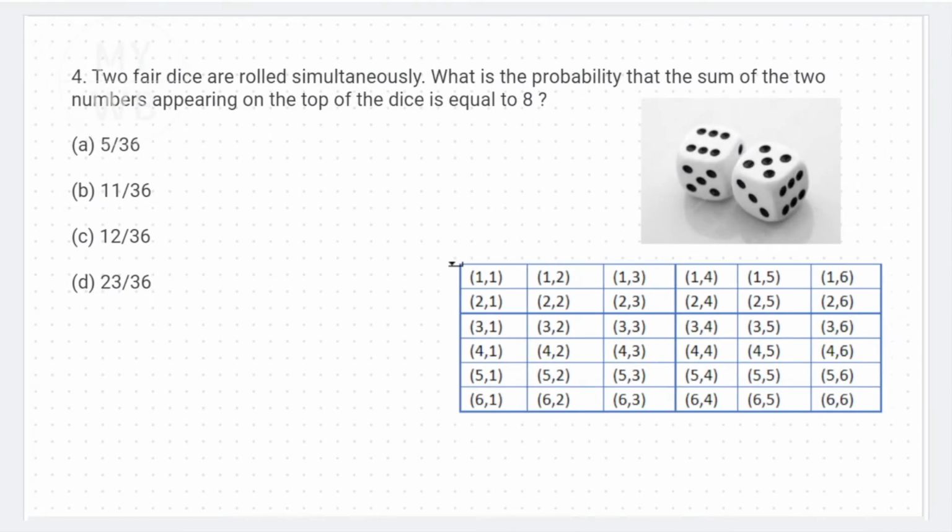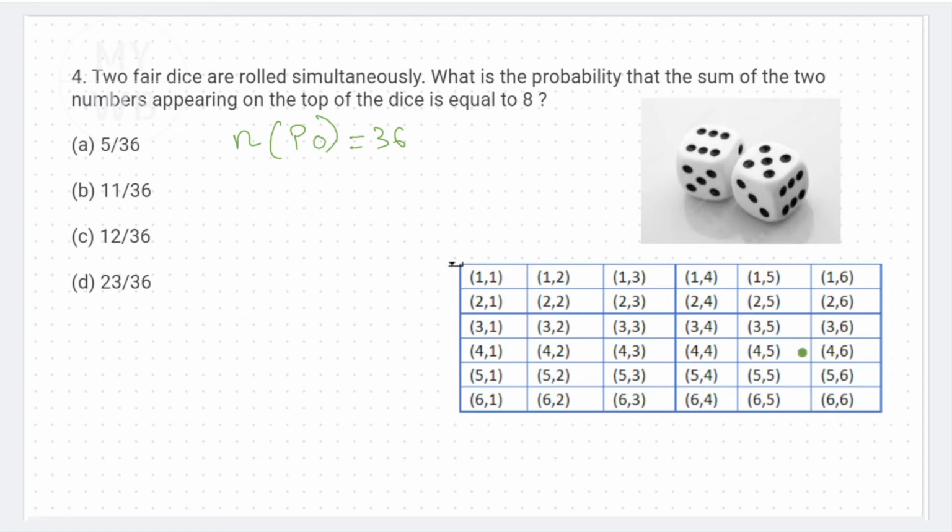Two fair dice are rolled simultaneously. What is the probability that the sum of the two numbers appearing on top of the dice is equal to 8? So here again, two dice are rolled, so your number of all possible outcomes is 36 as shown in this table. Now, cases favorable to us are when the numbers appearing on top of the dice add up to 8.